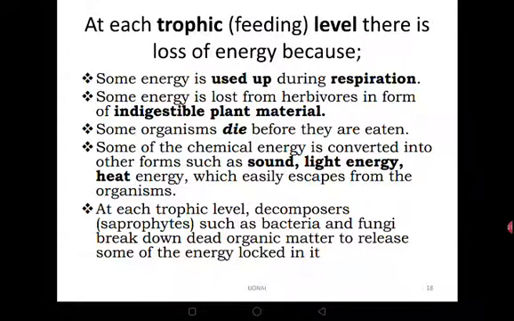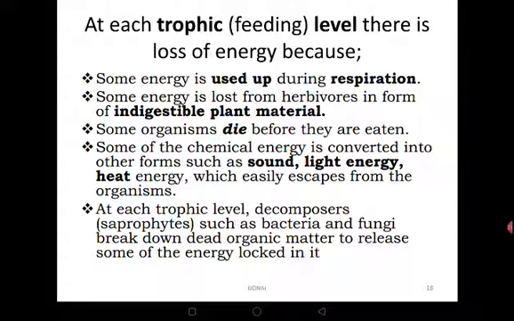Now, at each trophic level or at each feeding level, there is some loss of energy. We would be asking a question: why is the energy decreasing from one trophic level to the other? You can see that only 10% of the energy is passed from one trophic level to the other. Why is it like that?